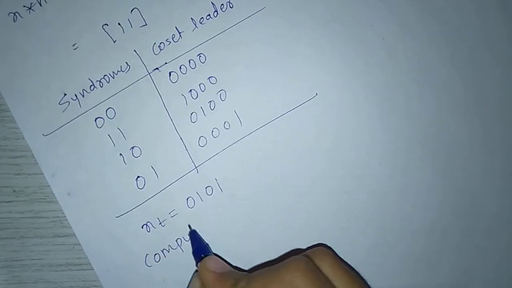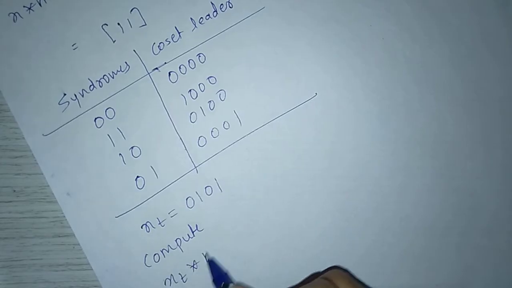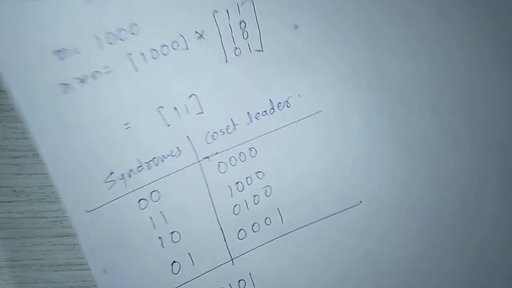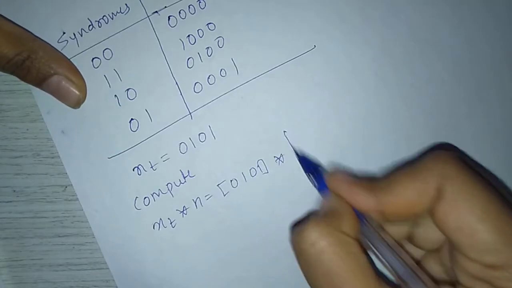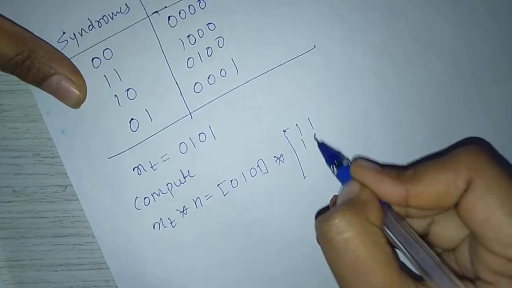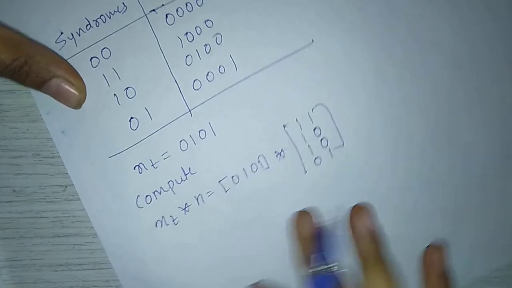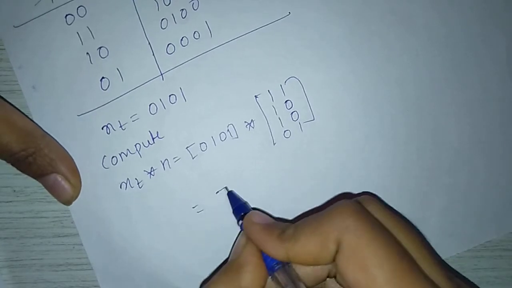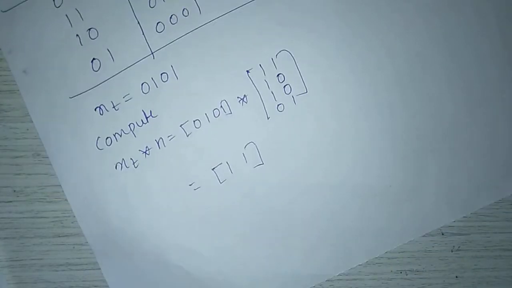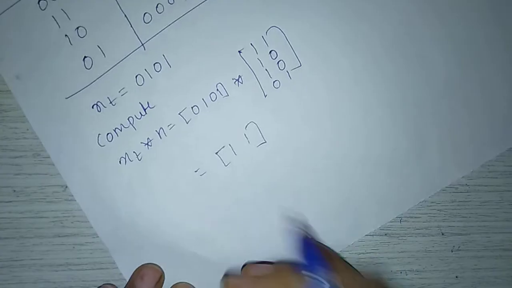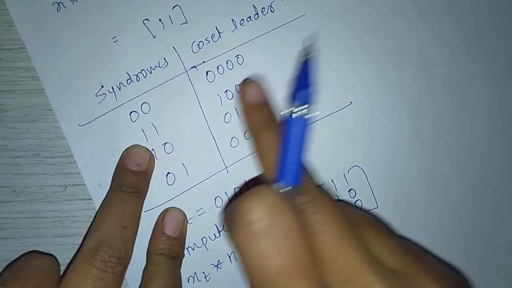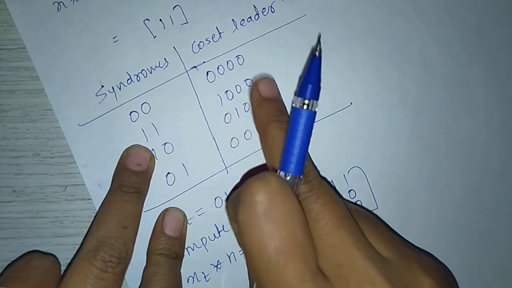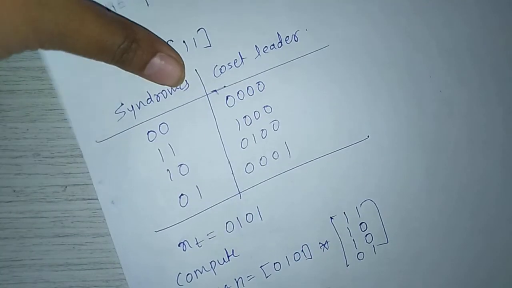Compute xt star h. Xt is 0 1 0 1 star h, given h matrix 1 1 1 0 1 0 0 1. Multiply these two matrices, we get 1 1. Now in the syndrome table, 1 1 is here and the corresponding element, your coset leader, is 1 0 0 0. This is your epsilon.